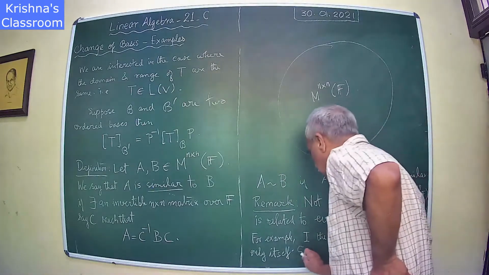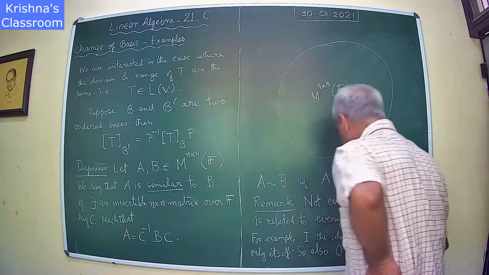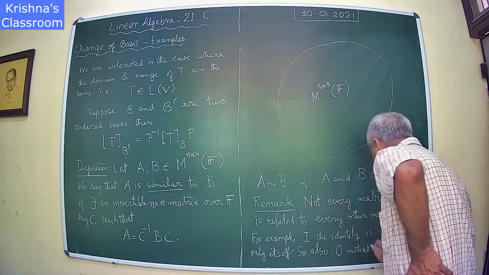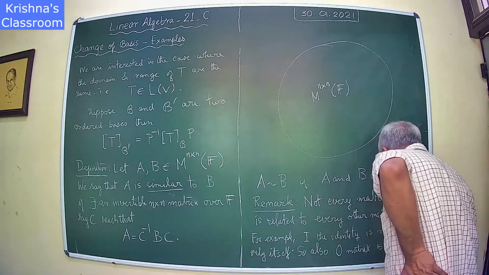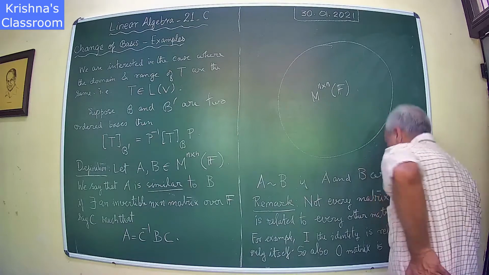So also the zero matrix is related to only itself.